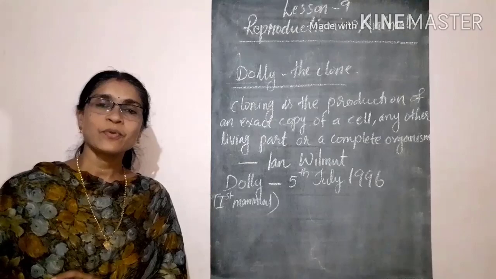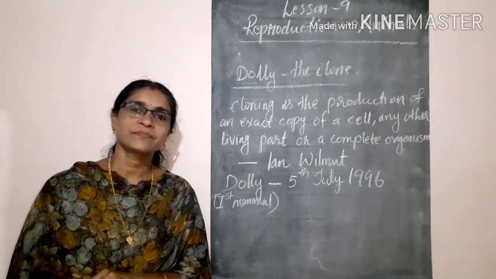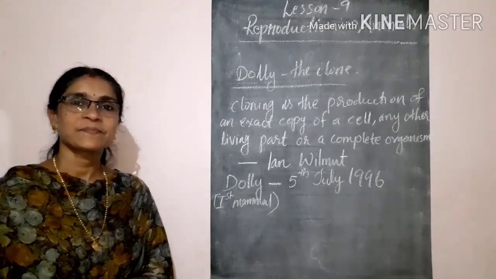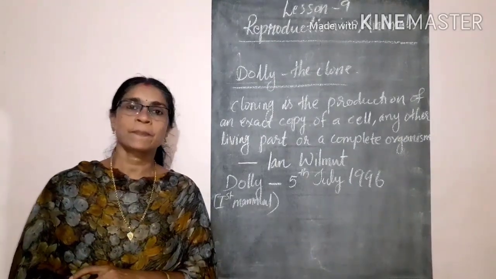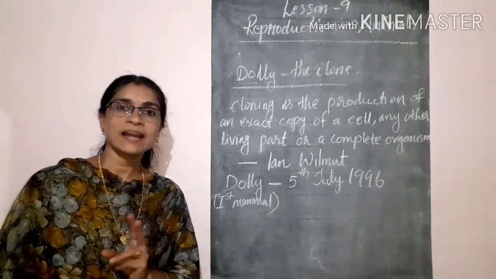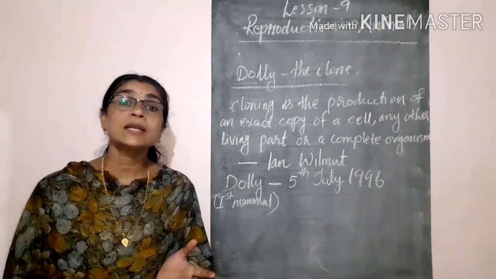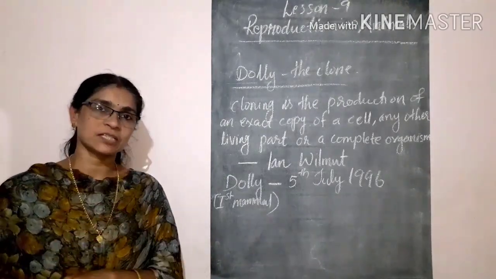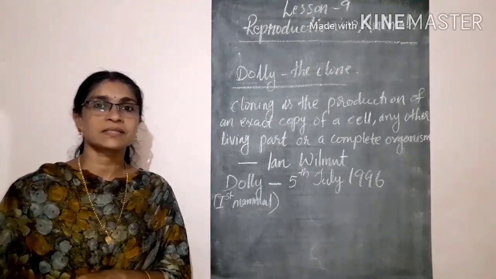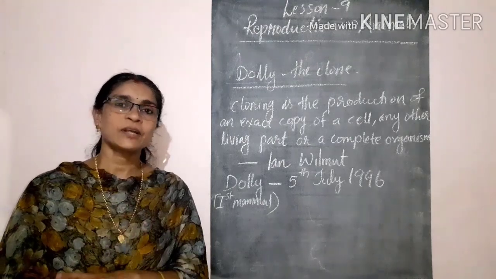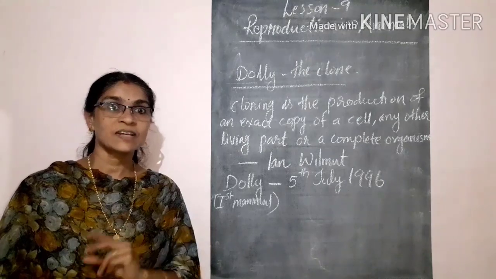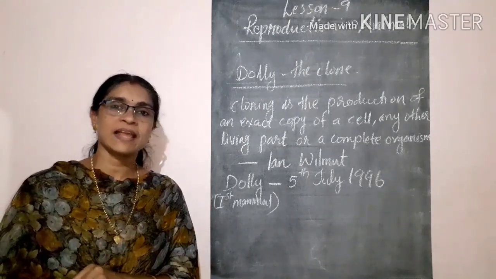Children, I hope all of you observed the video. In this lesson, we discussed reproduction in animals. There are two types of reproduction we familiarized, which are sexual reproduction and asexual reproduction. One important difference between sexual and asexual reproduction is that in sexual reproduction, two parents are involved, one male and another female.